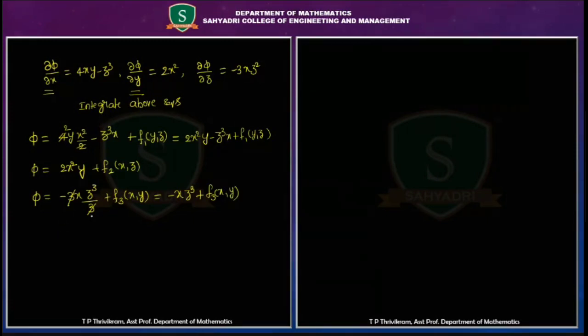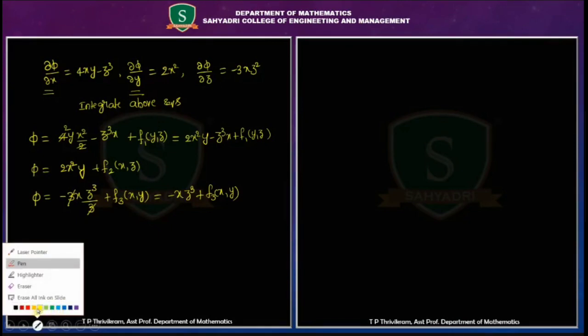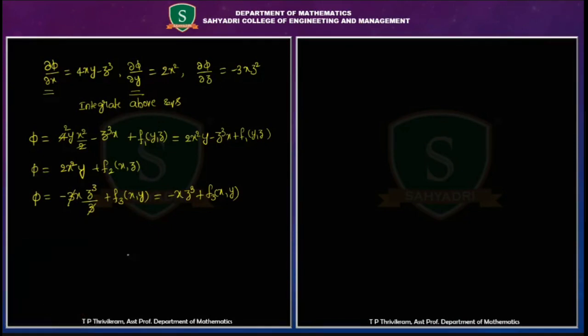Okay, so if you want to find f1 of yz, f2 of xz, and f3 of xy, you need to compare all three equations. By comparing the above three equations, we'll get f1 of y comma z.